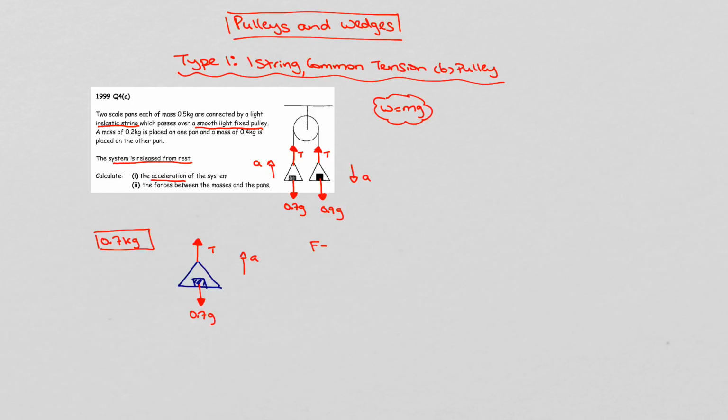So our net force in the vertical direction is going to be the difference between the tension and the weight. Because I'm saying it's accelerating up, my leading force is going to be my tension, and the opposing force is going to be the weight. So the net force will equal the mass times the acceleration.